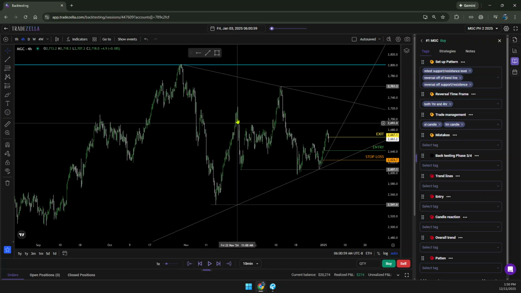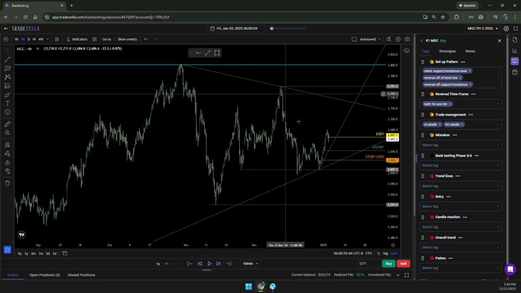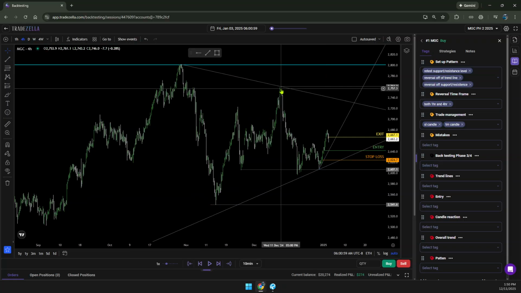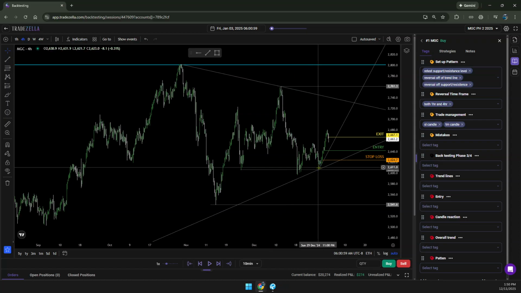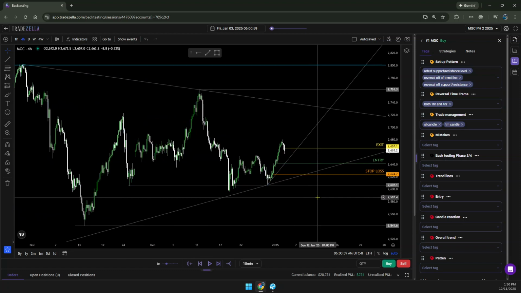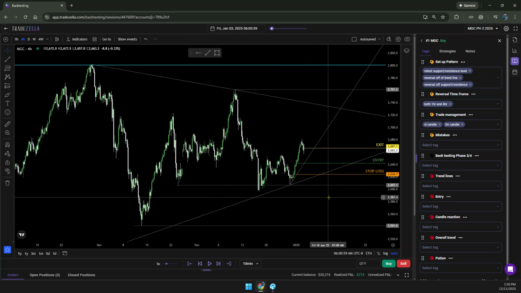So in reality, this could have been a pretty risky trade because we got the higher high. We countered that. And we're looking at a huge picture here. You can see how much space there was. So I don't know that I would have taken that trade.